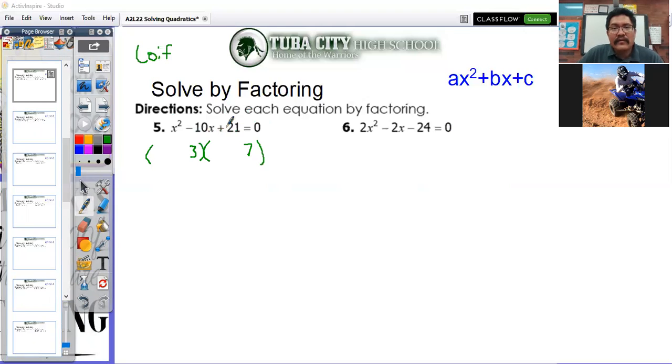So I have 21, but it's positive 21. You might be thinking, well, aren't they both positive? But remember, this OI is your outside-inside number added together. So in this case, it would make them both negative. Yeah, you got it. They're both negative.